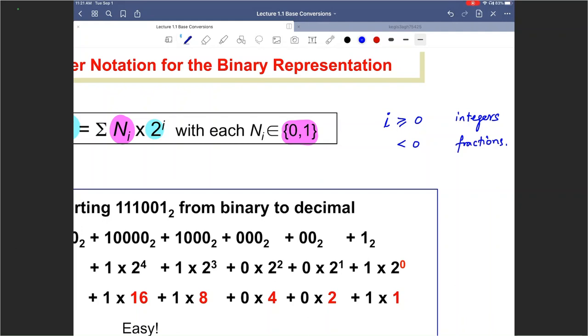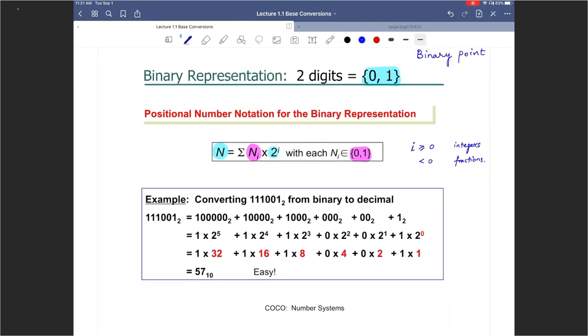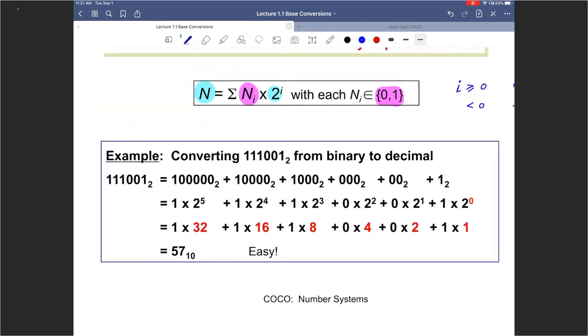So how do you convert this? Let's do a quick example. How do you convert 111001, which is in the binary number system, to decimal? From any number system to go to decimal, you use positional significance, meaning you multiply with increasing powers of the base. The base of the binary number system, or the radix, is 2.